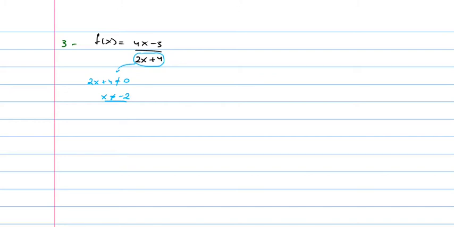Okay, so we have the division of two polynomials, two functions. So here we're gonna use the rule for the quotient. The derivative of f divided by g is equal to the derivative of f times g minus f times the derivative of g, divided by g squared.